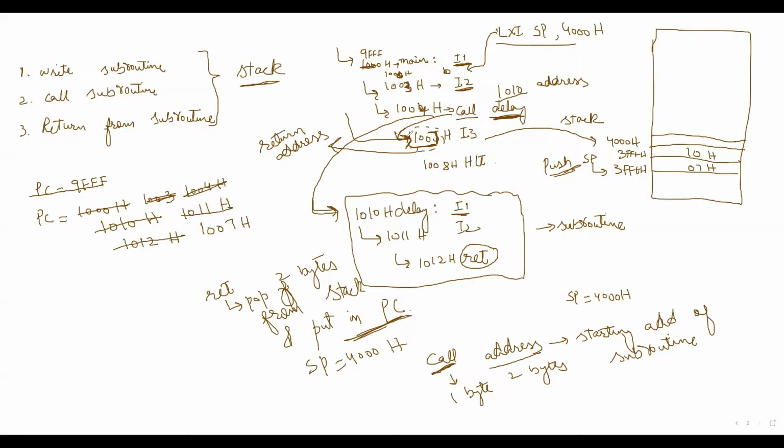Then it will execute this instruction, then this instruction, and the program ends. Okay. So you have seen here that using this call and return instructions, they are automatically using a stack.